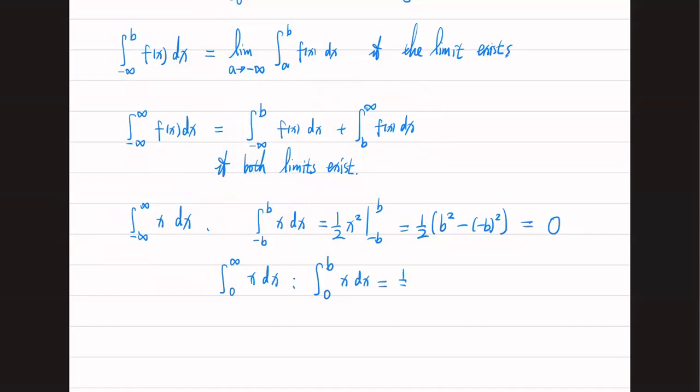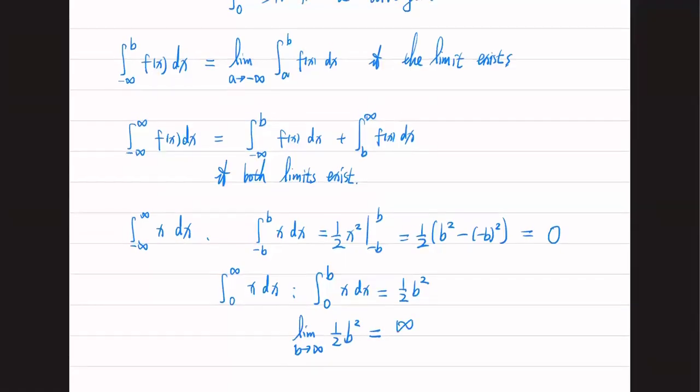This will be b squared over 2. If we take the limit as b goes to infinity, it's easy to see it does not exist. It's not a number. From here, we conclude this is divergent.